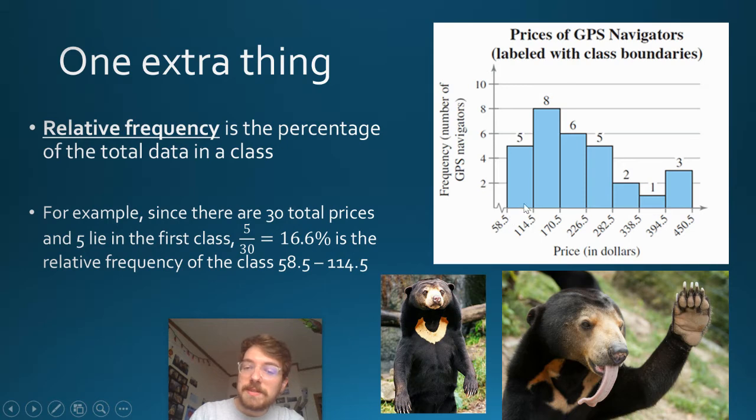If I want to find the relative frequency for this first box with the 5, I'm just going to take 5 divided by 30, however much divided by the total amount. You guys have been doing this your whole lives, so I know it's not a big deal. In this case, since 5 lie in that first class, I know that 16.6% of the total data is in this box, or the relative frequency of this class is 16.6%.